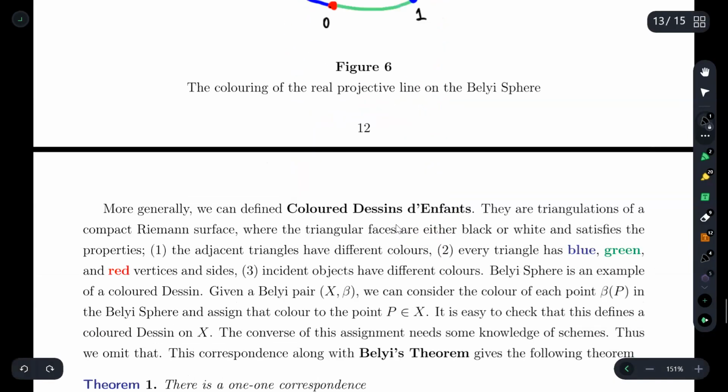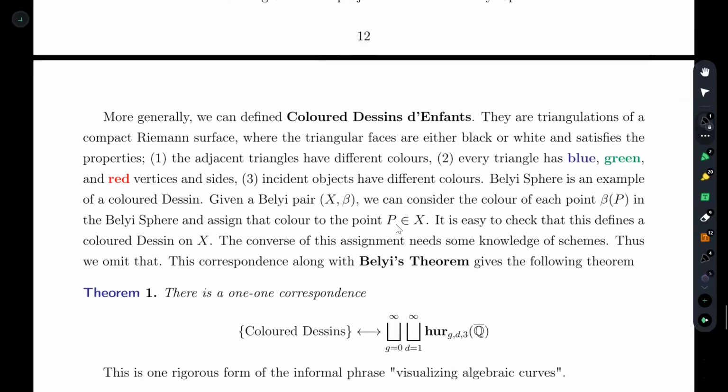So more generally, we can define what is called the colored dessin d'enfant. A colored dessin d'enfant is nothing but a triangulation of a compact Riemann surface with the following property: the triangular faces are either black or white, and adjacent triangular faces have different colors.